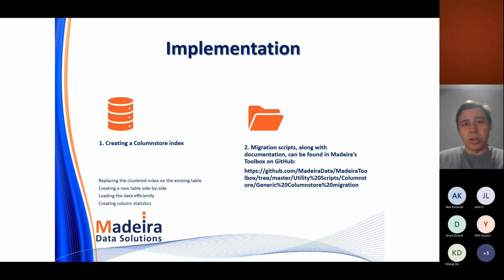I can mention storage distribution or partitioning, that you can maybe create a different file group in the same database for your column store index to leverage your storage more efficiently.